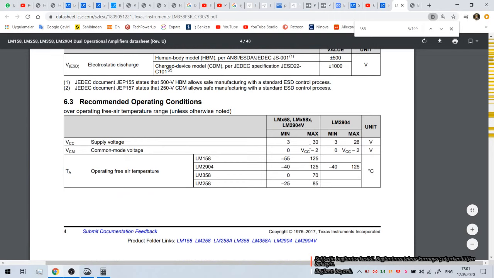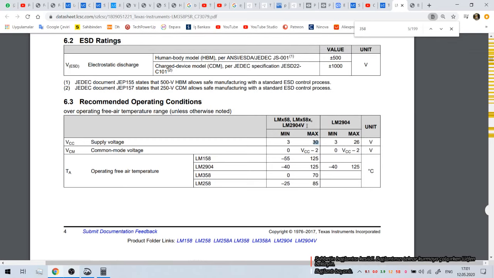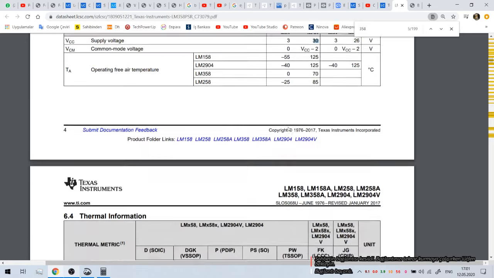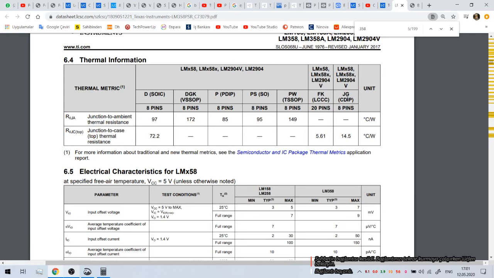Recommended is maximum 30 volts. But as I said, I want to use it only in the 5 volt region, so we don't need this higher voltage. Yes, we can go downside.